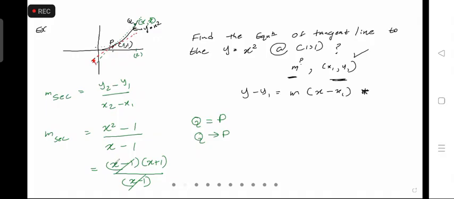So if you apply 1 here, then you have 0 divided by 0. You cannot cancel this 0 and answer x plus 1. This is wrong.